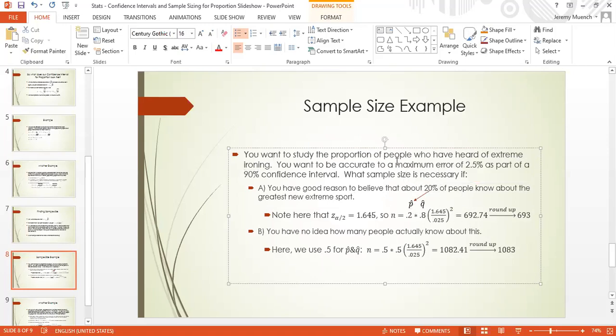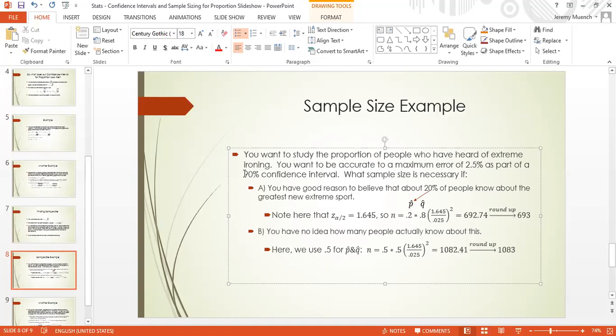This maximum error of 2.5% is E, and that's in percentage points. So that's not like a percent of the people that know. It's an error. It's a distance from some proportion. So our confidence interval is supposed to be at worst plus or minus 0.025.